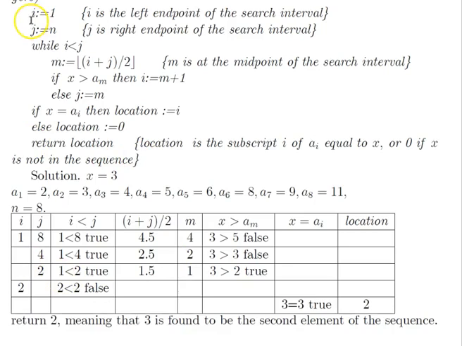So I start from the beginning. From the input we know that x is 3, and these are the members of the sequence, and the value of n is 8, the length of the sequence.